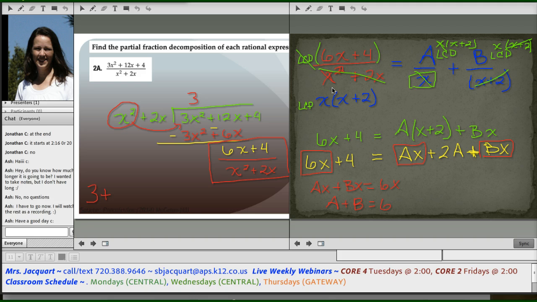Now watch carefully because this one actually turns out pretty nice. This 4 doesn't have a variable, right? So then 4 equals 2a, a equals 2, which therefore b equals 4.